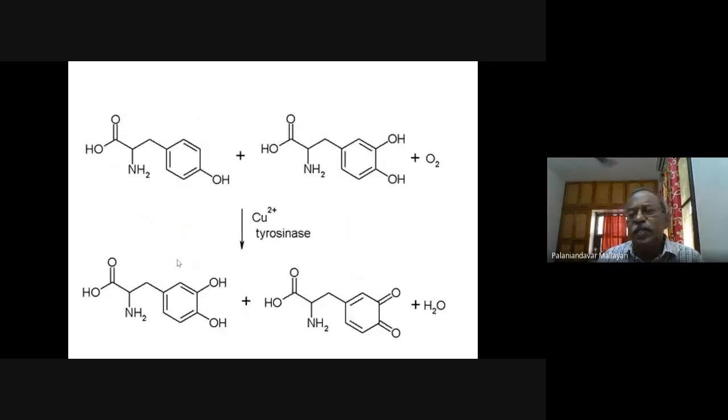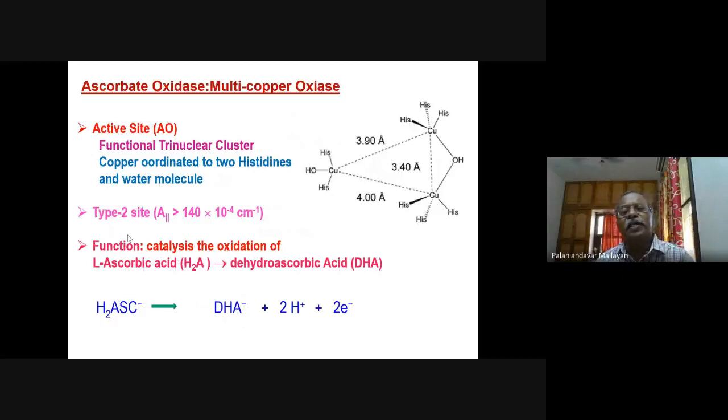So ascorbate oxidase is the next multi-copper oxidase. The active site contains, I told you, a type 2 center and a type 3 center. Now that I have told you about these oxidases, you can easily figure out that this should be the copper 2 site, right?